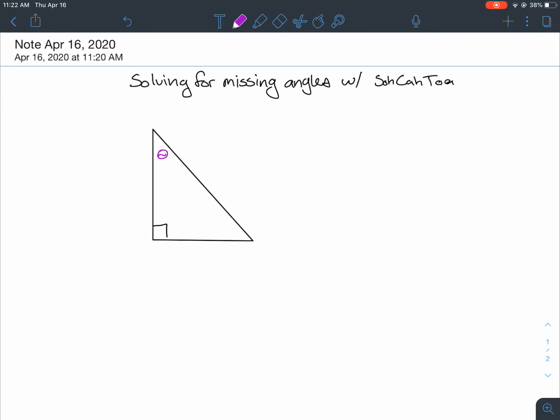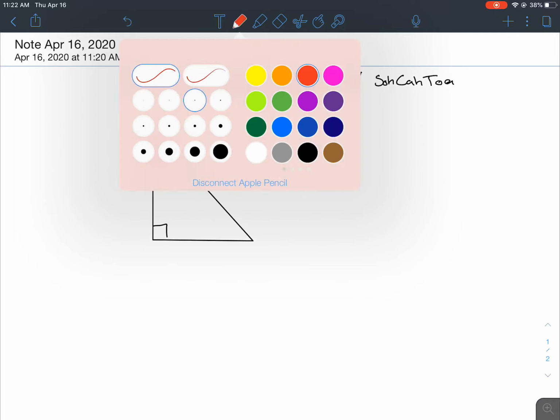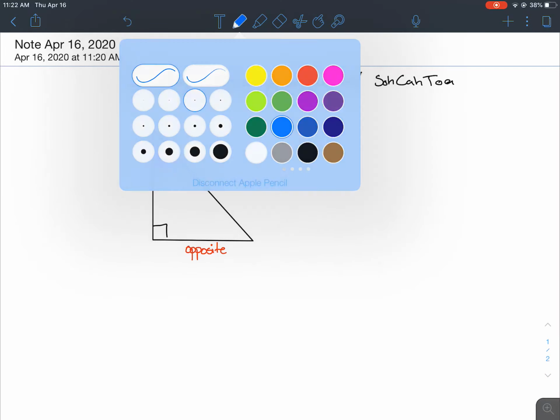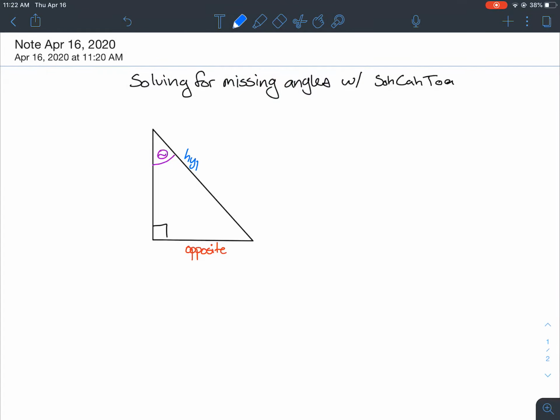That's just a symbol for it. If this is our reference angle, then this is going to be our opposite side. Our hypotenuse is always the longest side, the one opposite of the 90-degree angle. And then this is going to be our adjacent.